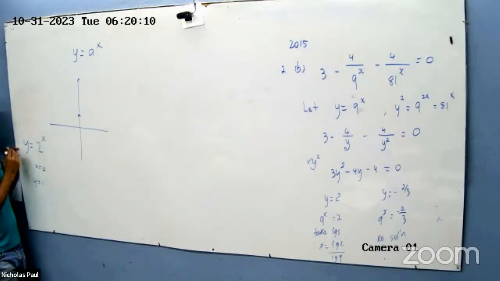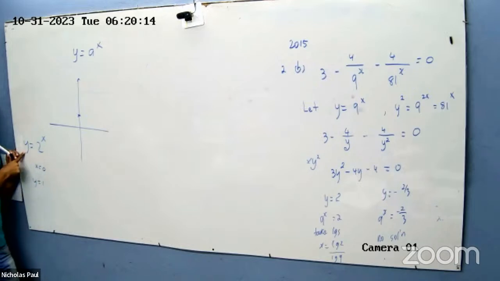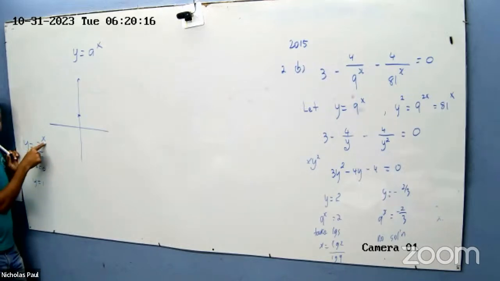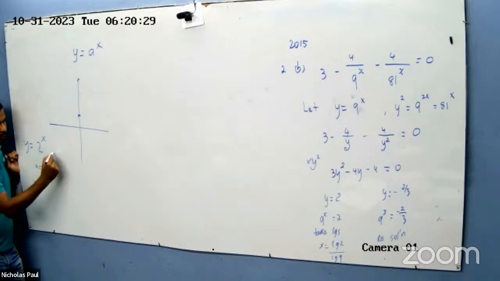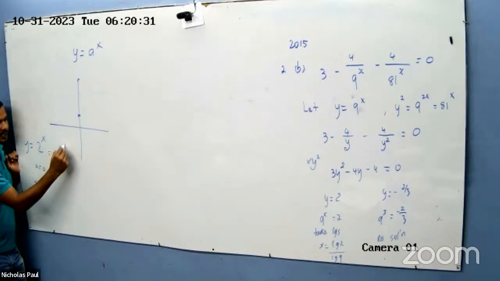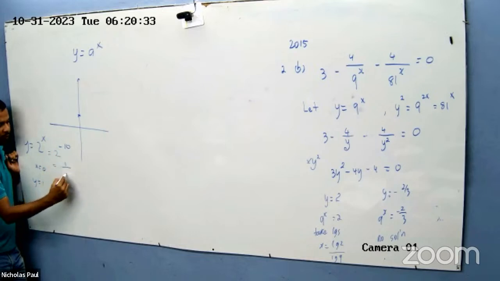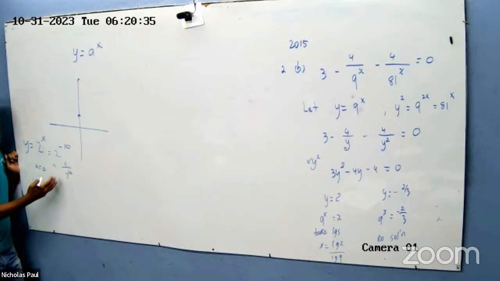Question. Is there any x value I can put here to make y negative? No. If I put -4 or -20 or negative a million, what will you get? You'll just get a fraction. Think about it. 2 to the -10 is 1 over 2 to the power of 10, which is a fraction.